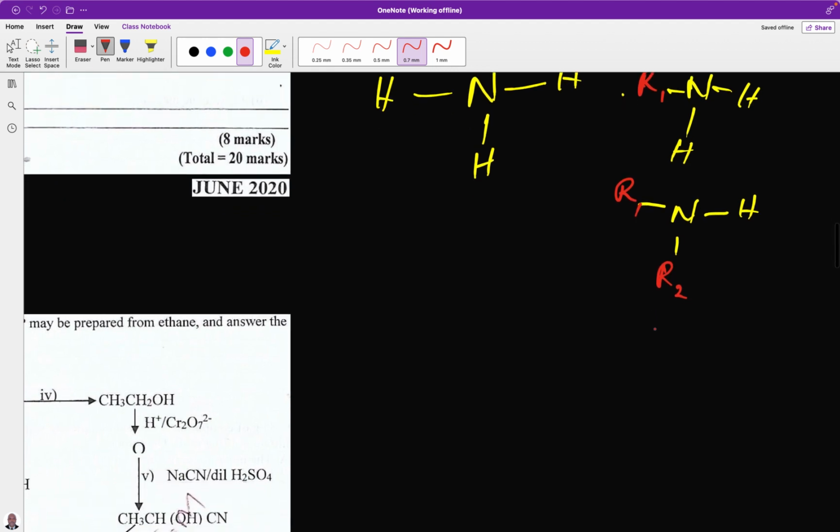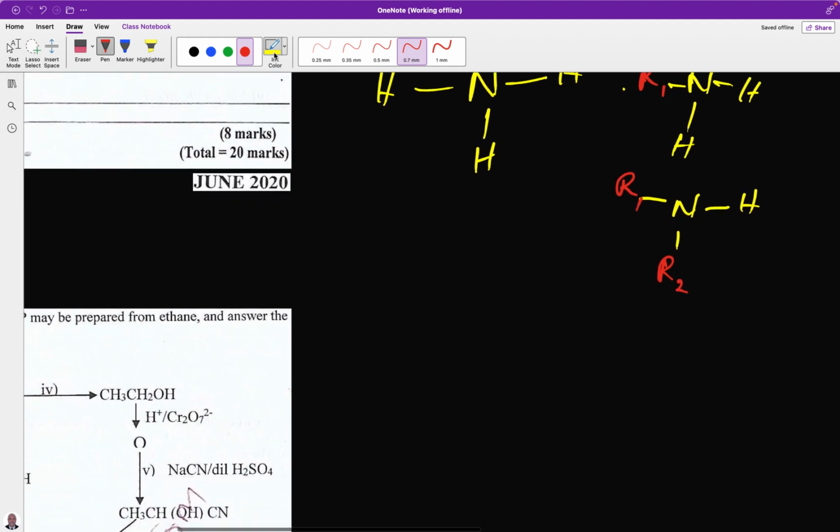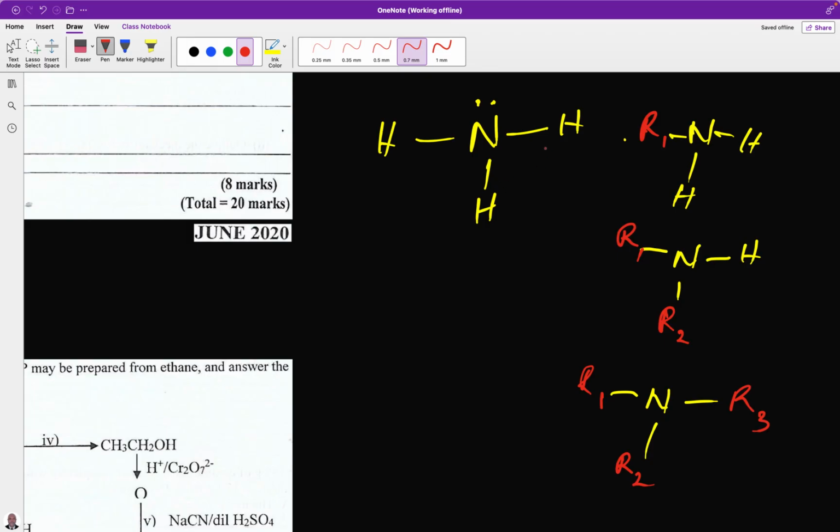Now if I substitute the third hydrogen, this is R1, R2, and R3. So all this is a tertiary amine. This is a secondary amine. So by substituting the number of hydrogens on the ammonia molecule, it gives you the type of amine you have.